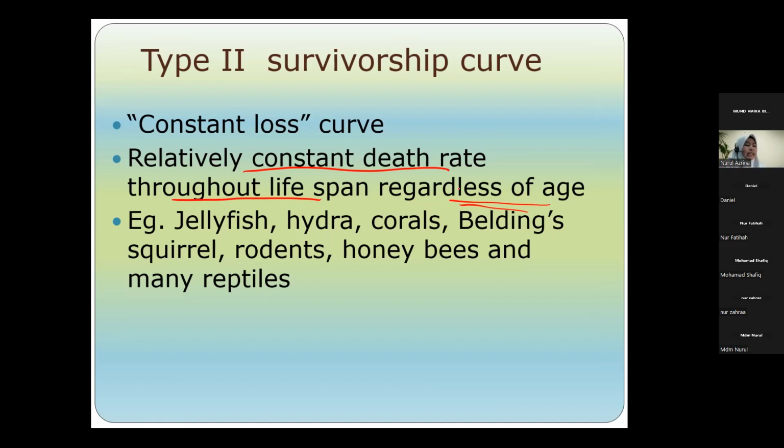Okay, right. Example of organism that have type 2 survivorship curve are jellyfish, hydra, coral, Belding squirrel, rodent, right? Honeybees and many reptiles. So these are some examples. Okay, walaupun rodent you nampak mammal, tapi rodent dia duduk dekat type 2 survivorship curve, by looking at nature of their living. Okay, right.